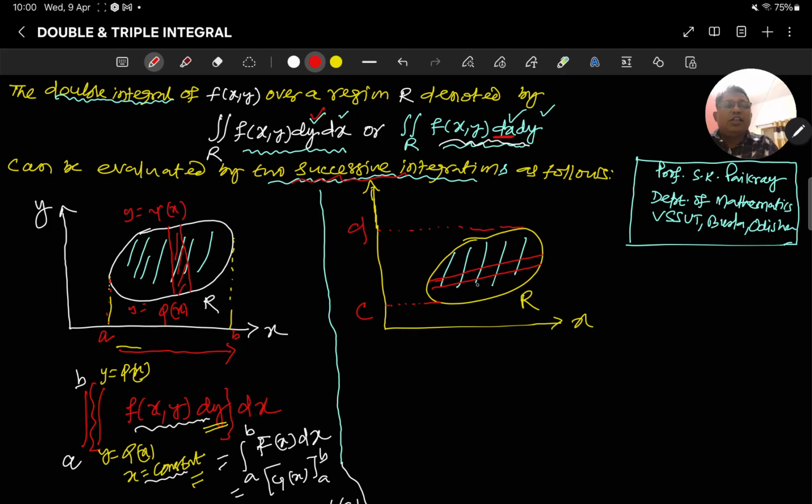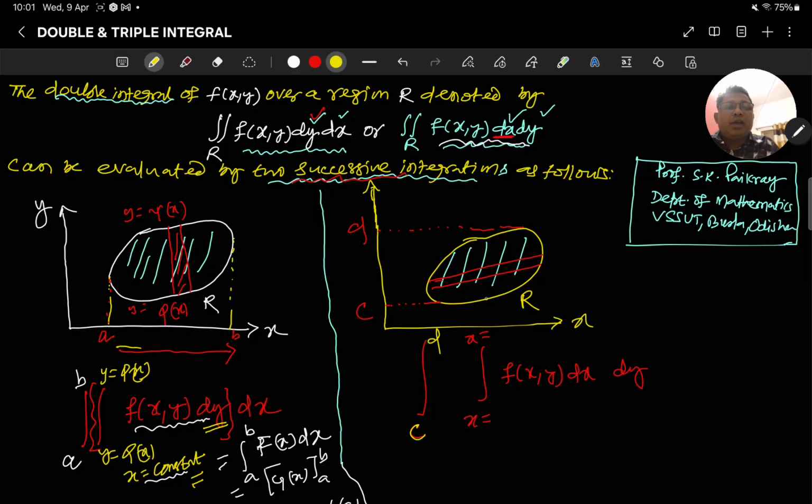That means the horizontal strip slides from bottom to top. Since it is dx first, we consider the horizontal strip, and this integral will be the integral of f(x,y) dx, then dy, and the outer integral is from c to d.